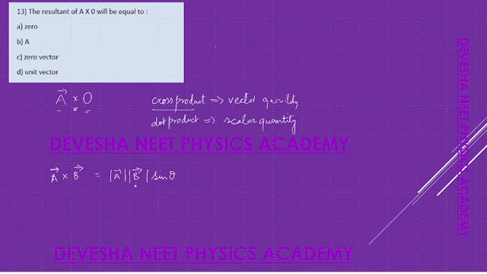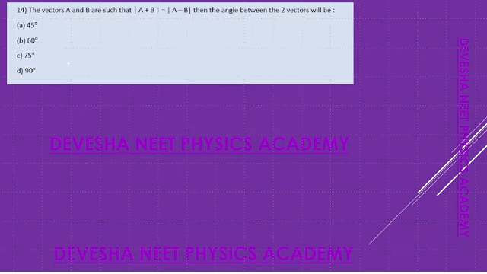Now, since they're multiplying with 0, obviously this will result in 0. But the product will be a vector because this is a cross product. So the answer is the 0 vector, which is the third option given here. Let's go to the next problem.